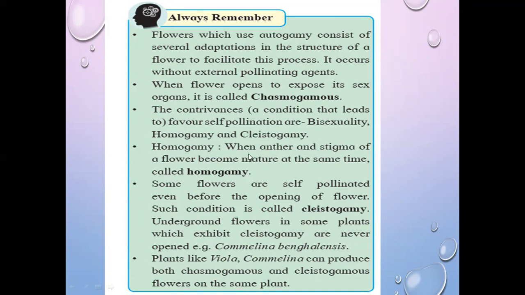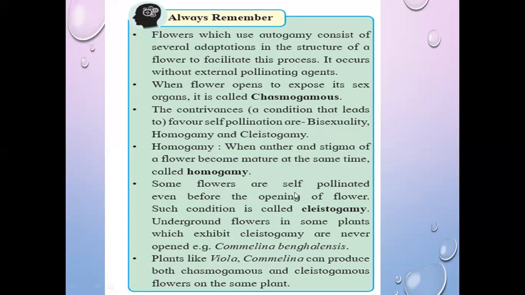See, homogamy means what? When the anther and stigma of a flower become mature at the same time, that is called as homogamy. Anther means androecium and stigma means gynoecium, they become mature simultaneously at the same time, that is called as homogamy.